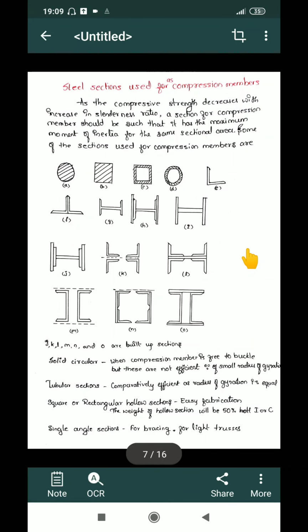So let us start with our particular subject, which is about steel structures or steel columns.